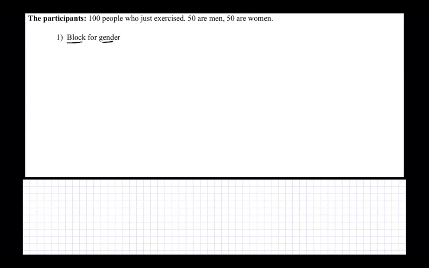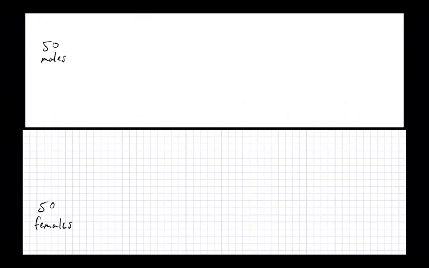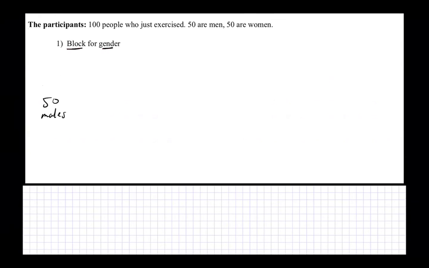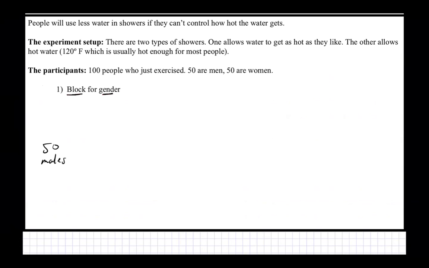When we do our outline, we're going to start with 50 males. And then down here, I'm going to do a separate experiment with 50 females. Because really, you're doing the same exact experiment twice. That's what blocking means. As soon as I set one up, I can set the other one up just the same. I don't want to do them differently. I want to do them exactly the same.